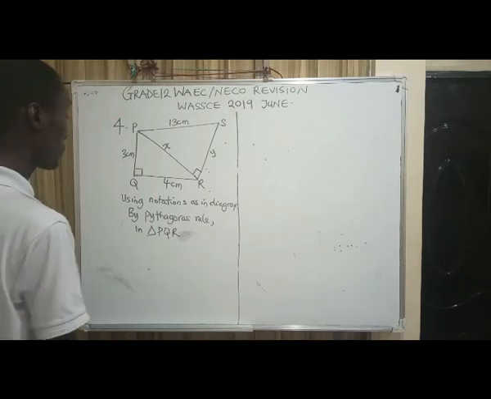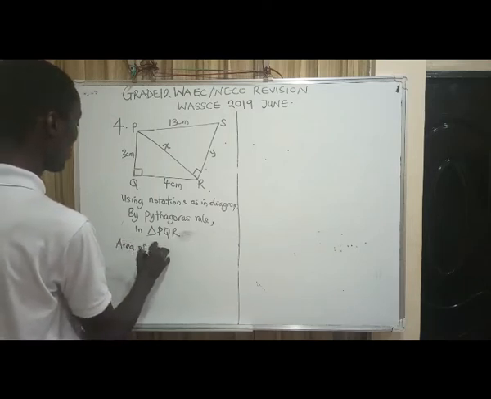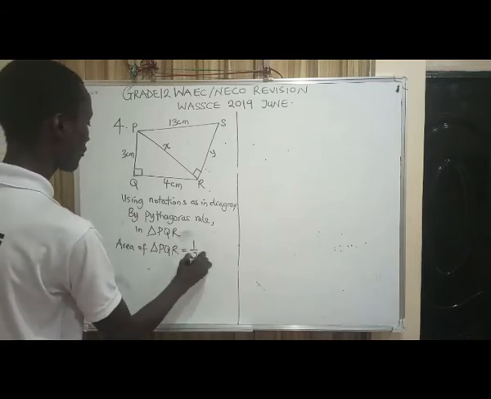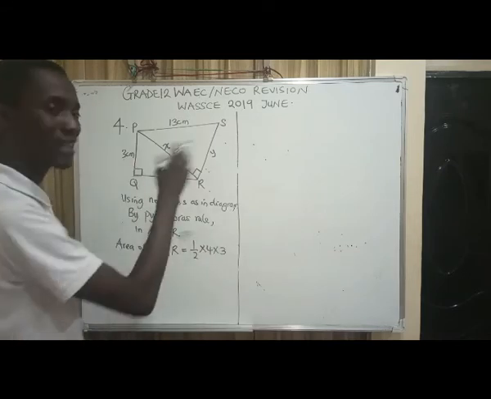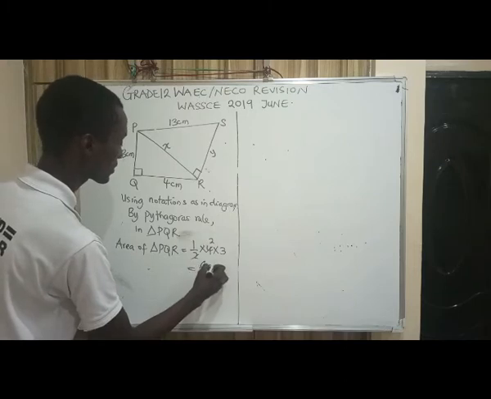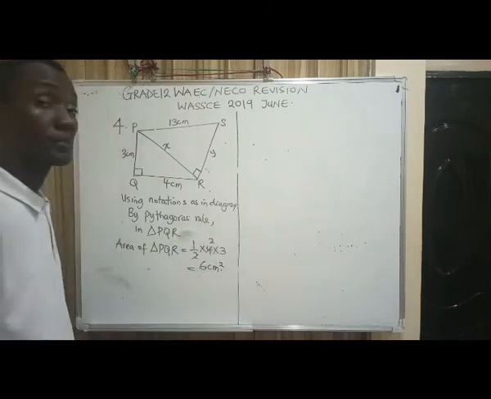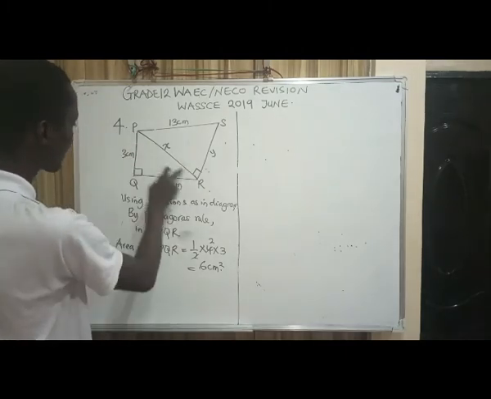For PQR, area of triangle PQR, that one is very straightforward, will be what? Half times 4 times 3. I don't need to begin to tell half base or whatever, it doesn't make any sense. This will be 6 centimeters squared. Now I've done this one. Now I need to get this part, because this is 90 degrees.